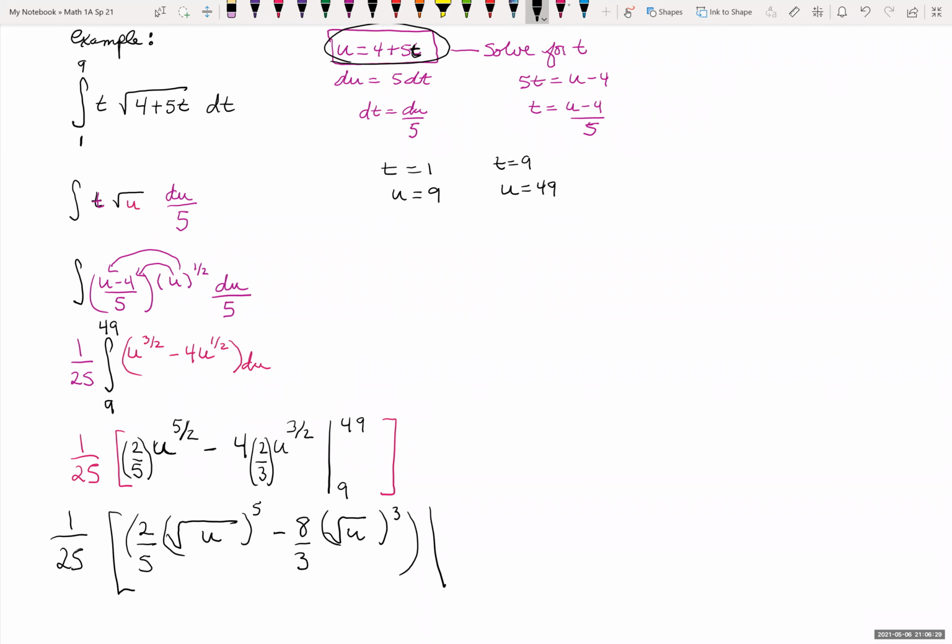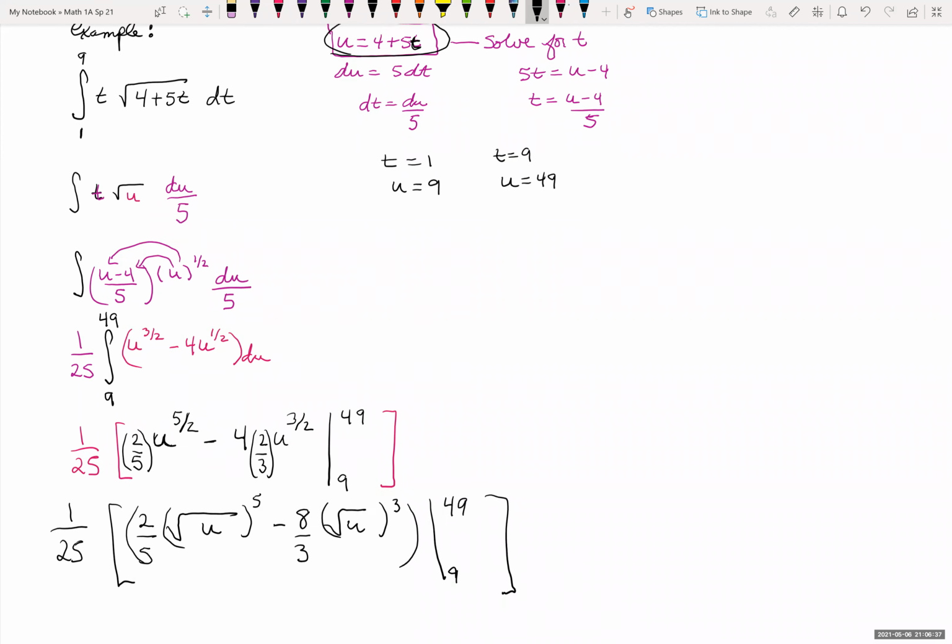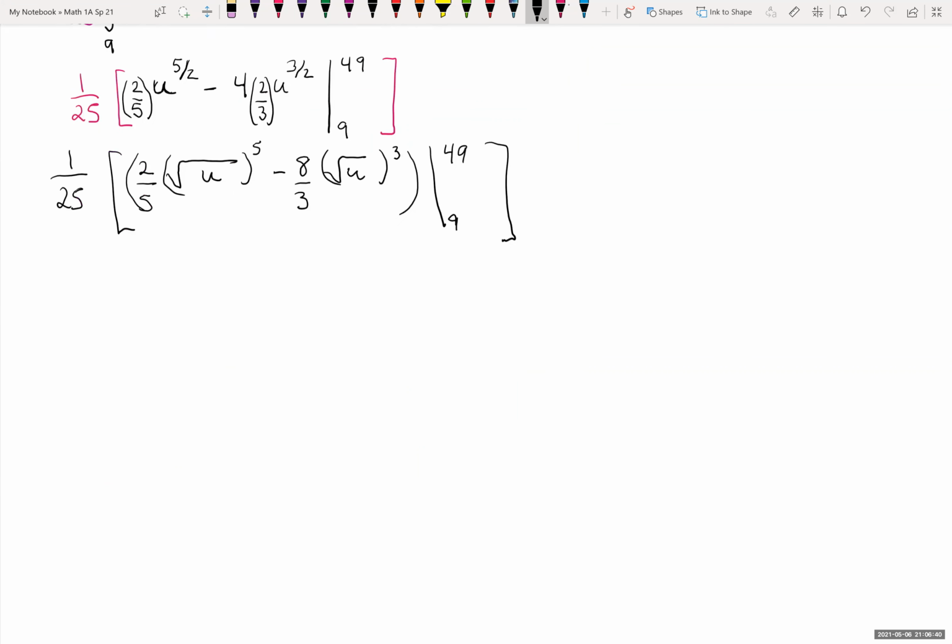It's all from 1 to 49, or 9 to 49. Okay, so we first have to plug in the top bound, 49, wherever we see a u.